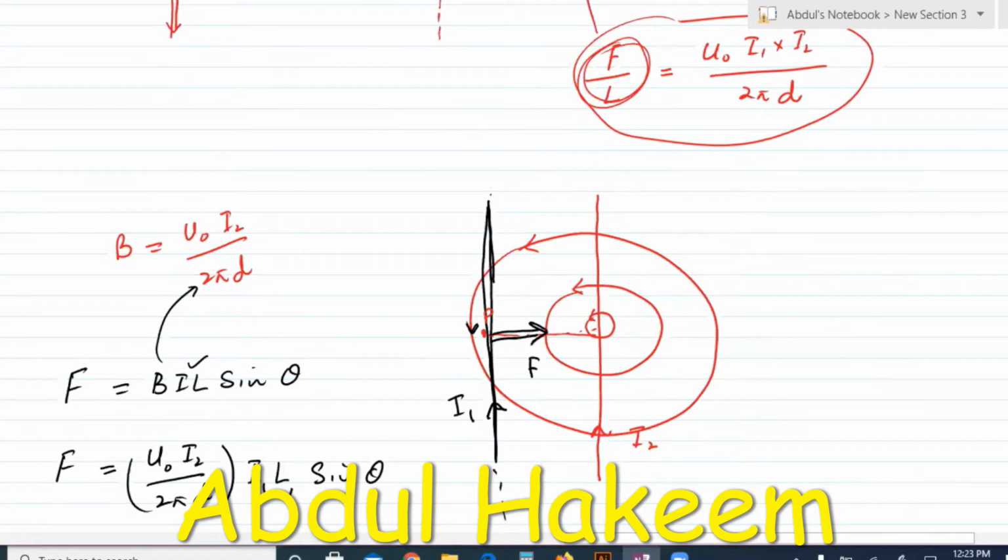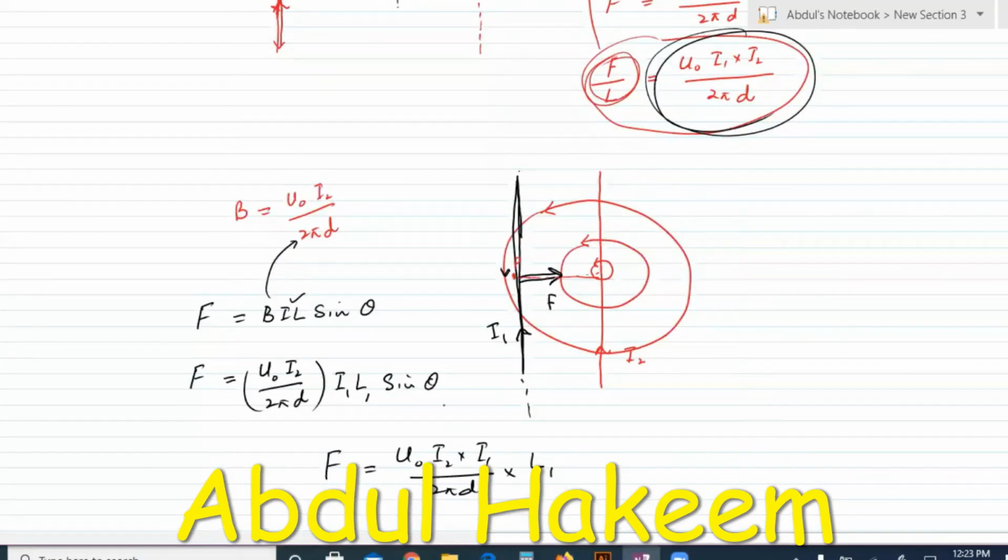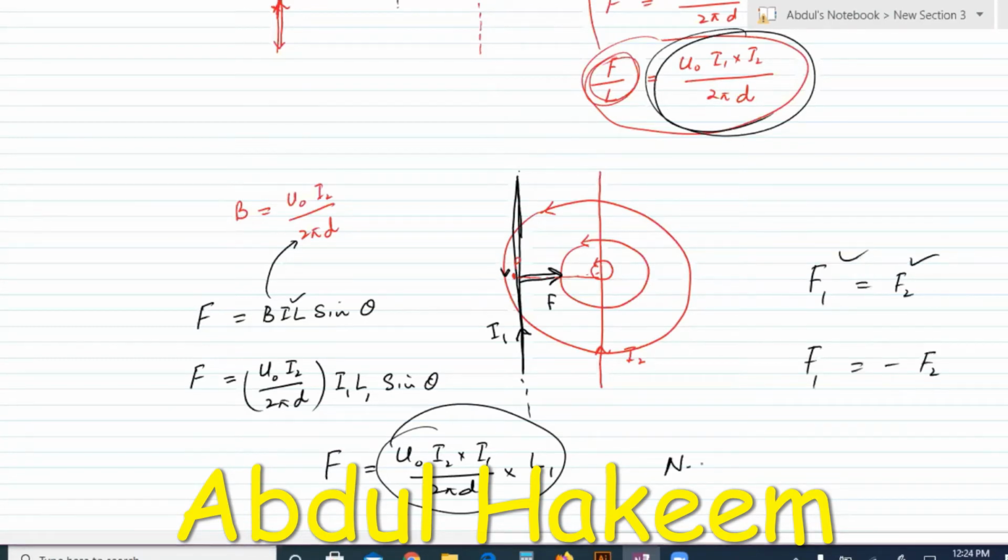Now look at the formula, both formulas, mu naught I1 I2 over 2 pi d and mu naught I1 I2 over 2 pi d. It means that both forces are equal in magnitude but opposite in direction. It means the wires are obeying Newton's third law. Every action has a reaction, equal in magnitude, opposite in direction, right?